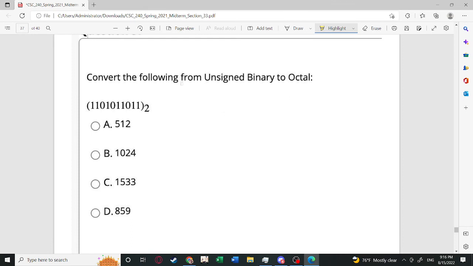If you go to here, binary to octal, I think, yeah, this is also different from the other test. 1100, 110, 101, and 101.